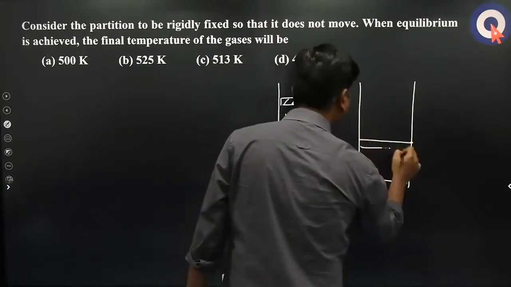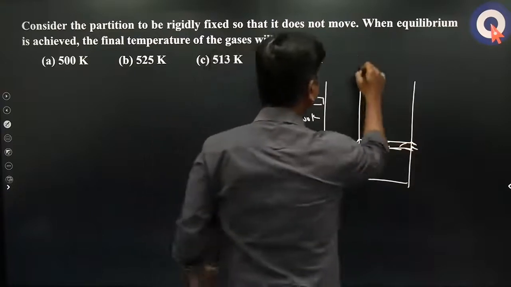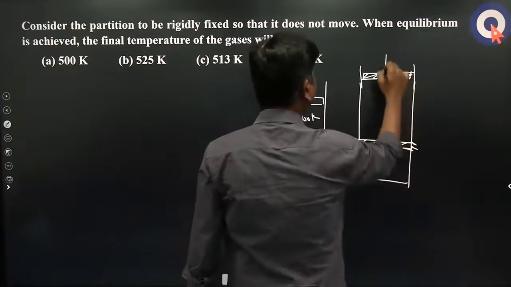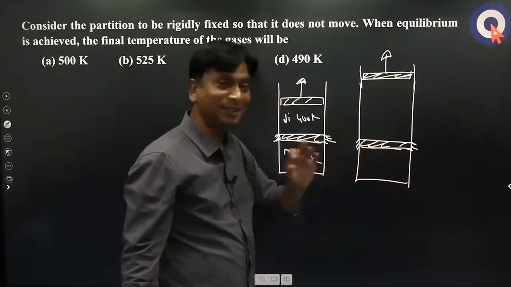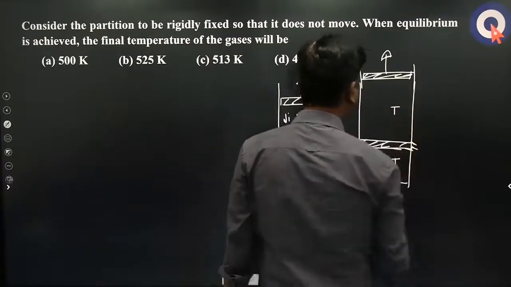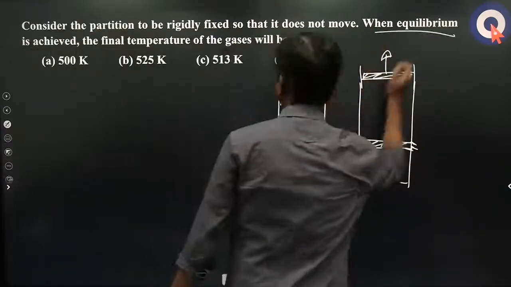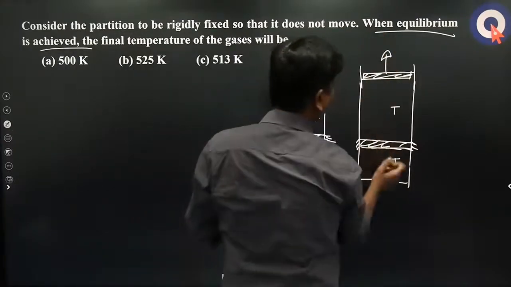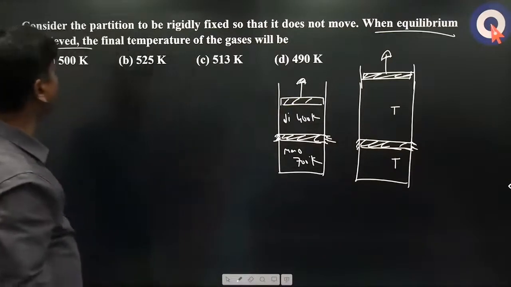This will be like this only, because it is rigid, it won't move, but this may move because it's frictionless. But since the partition is conducting, this temperature and this temperature should definitely be the same. If this is T, this also will be T, compulsory. Both will be T, and that is the equilibrium condition. So initially, if you release it, this will rise up, until finally both temperatures are the same. So when equilibrium is achieved, what is the final temperature of the gas?